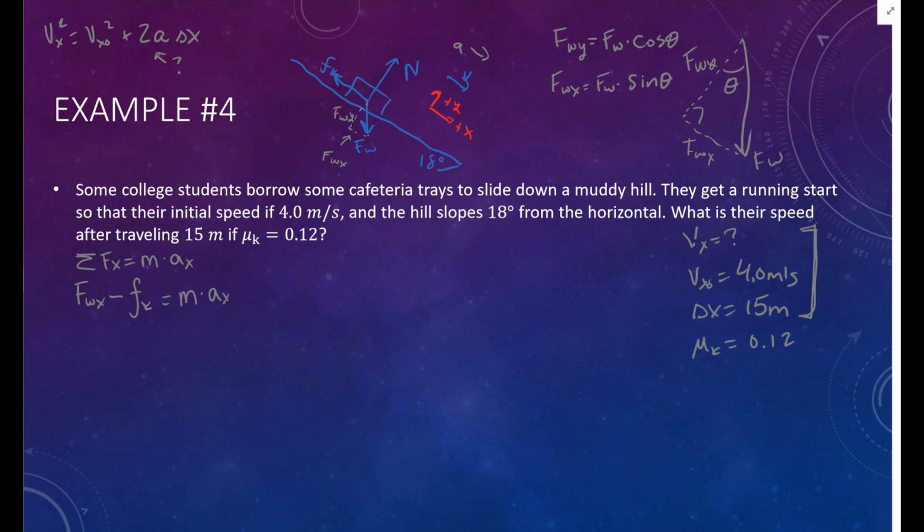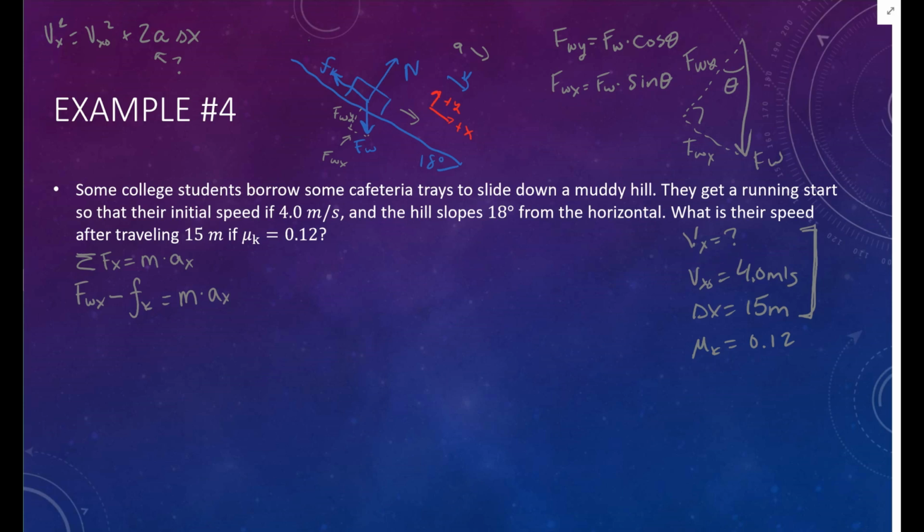I replace the sum of forces in the x direction with the weight in the x minus my friction, because what's pulling my block down the hill is the weight that's in that direction. And then friction is sort of keeping it from being as fast as it could be. Right.